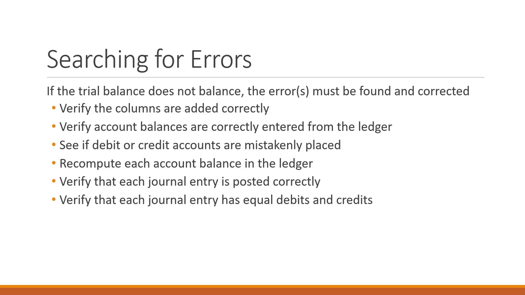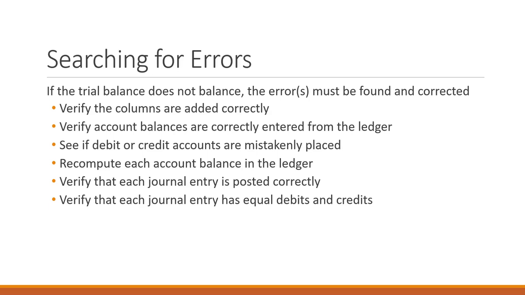If we got all of the balances correctly, then we have to go back to journal entries and start looking: were journal entries properly posted? Were they properly recorded? Did all of our journal entries have equal debits and credits? So different things that we have to look at.